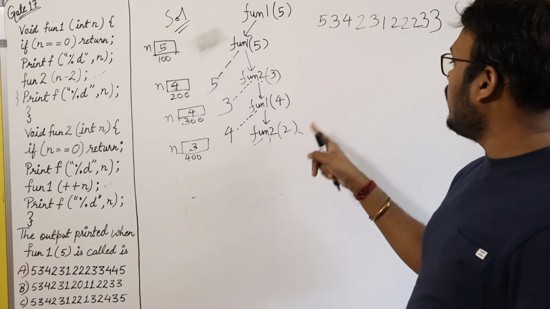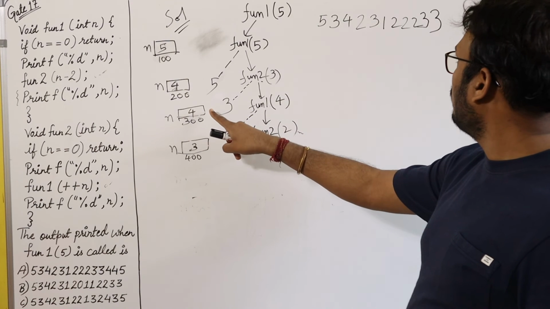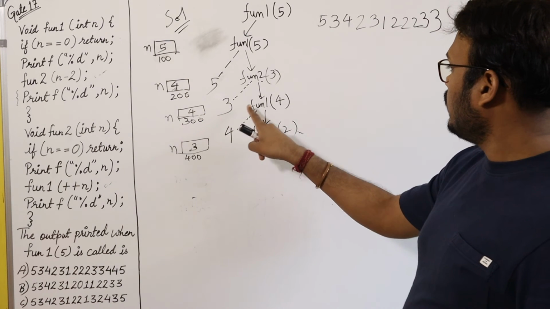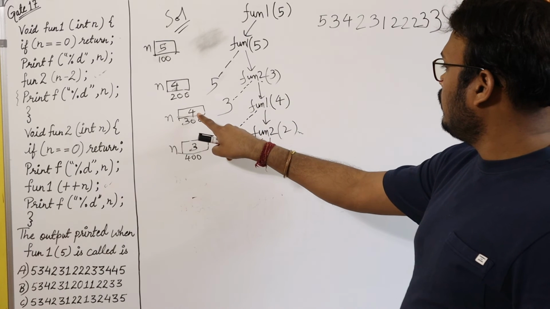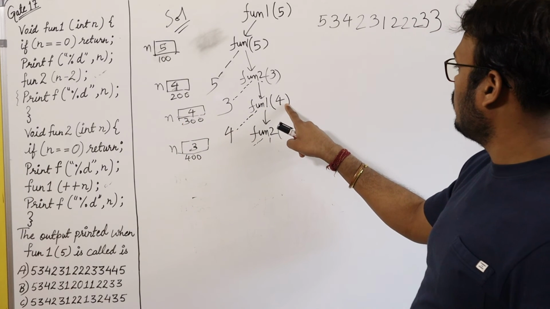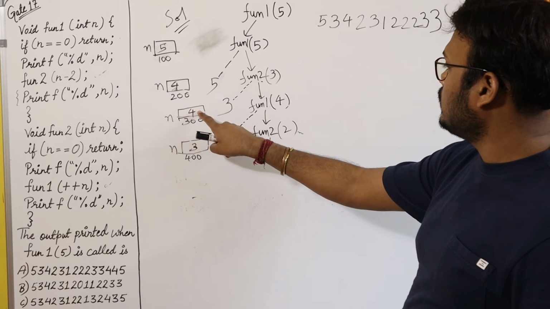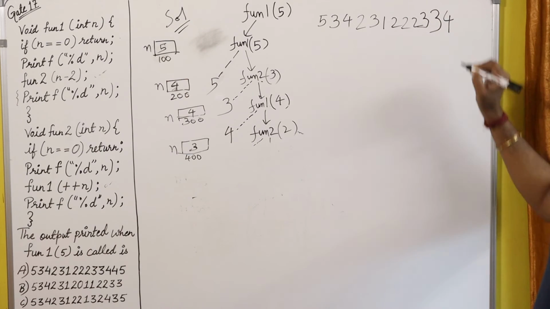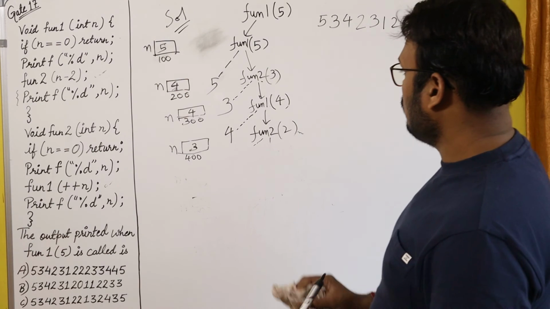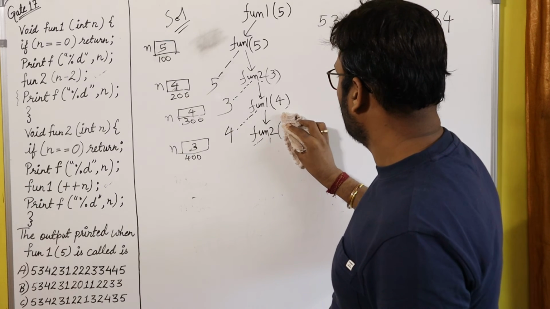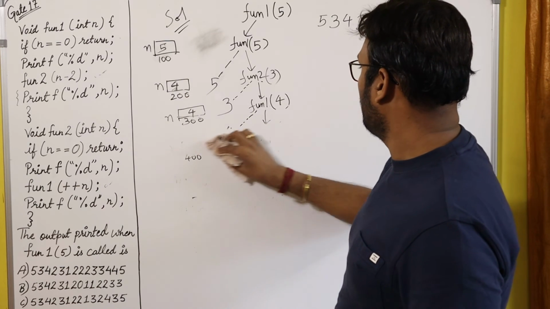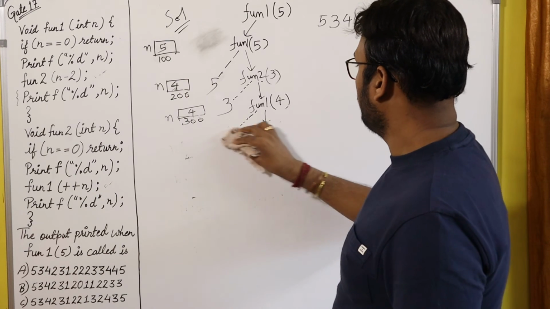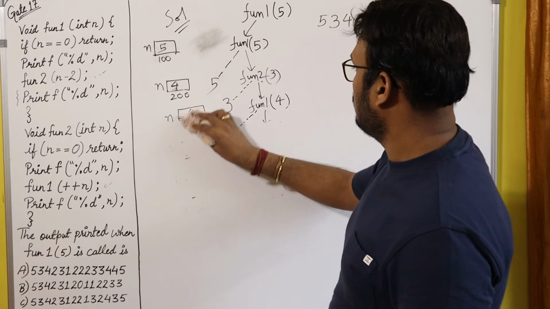What is the value of n for function 1? The value of n for function 1 is 4. Just see this n, 4. So here I will write 4. So now this part is over. Just remove this.